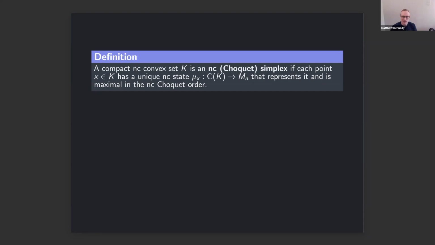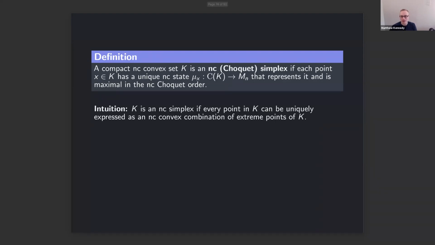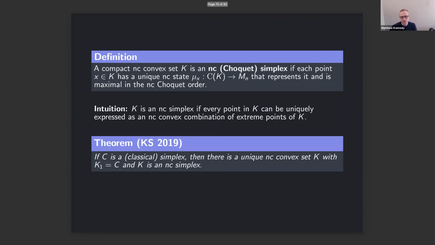So it's an exact analog of a classical Choquet simplex. And the idea is that every point in K can be written uniquely as an NC convex combination of extreme points in K. That's what this definition specifies.